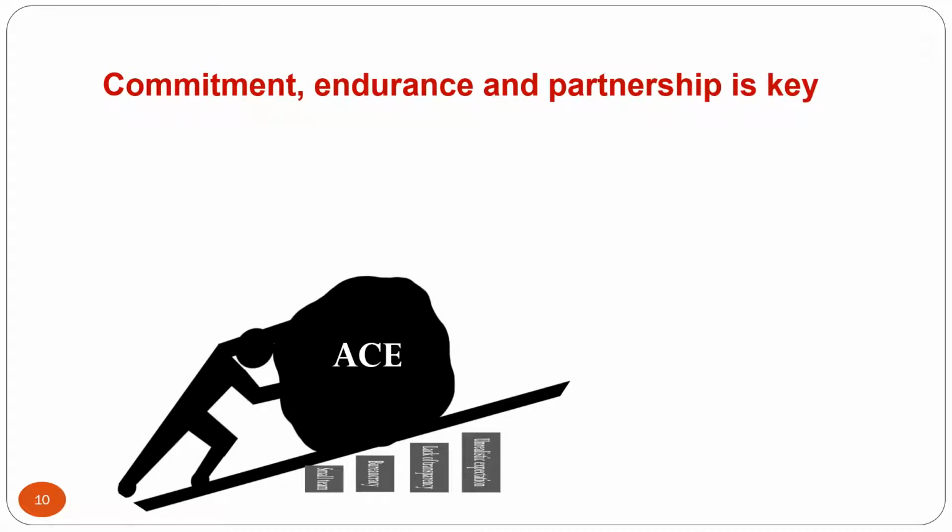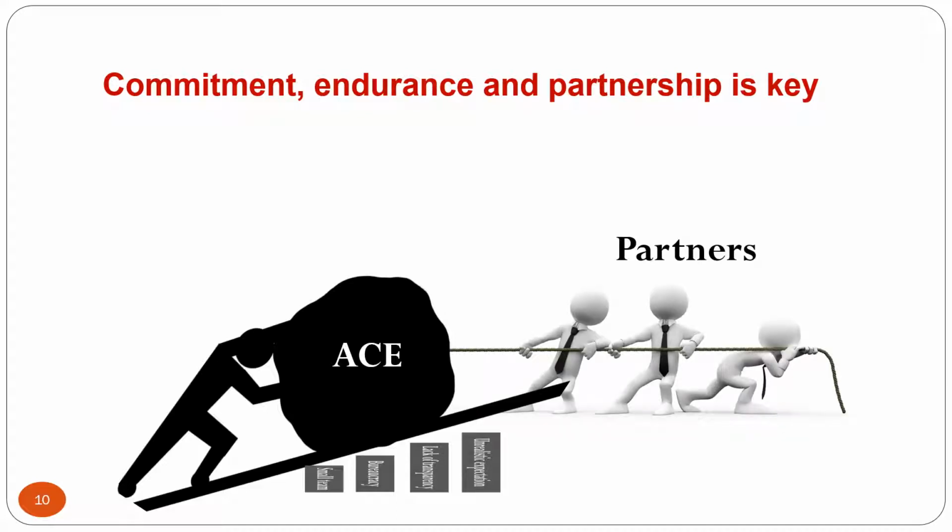So the more you can lower those obstacles, the faster you can move. And remember, use your partners internally, externally, to move the process forward. It's a team effort, it's a consortium, it's not a one, two, three person endeavor to move an ACE forward.